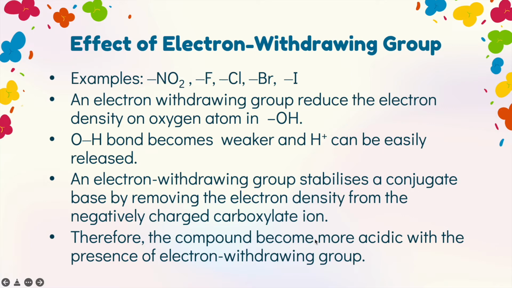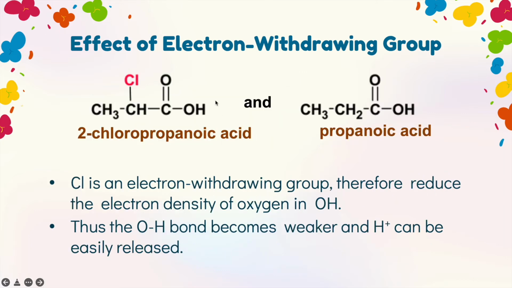Therefore, the compound becomes more acidic with the presence of an electron withdrawing group. When the electron is attracted from COO- to the electron withdrawing group, the OH becomes weaker, H+ is easily released, more acidic. Let's look at an example of an electron withdrawing group in carboxylic acid.